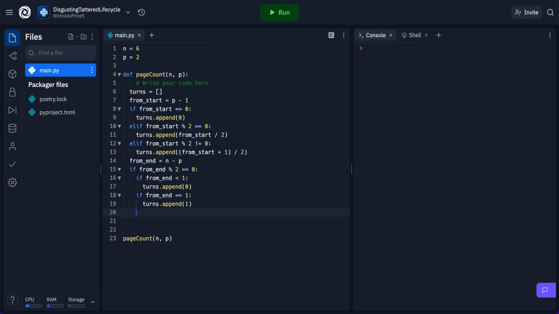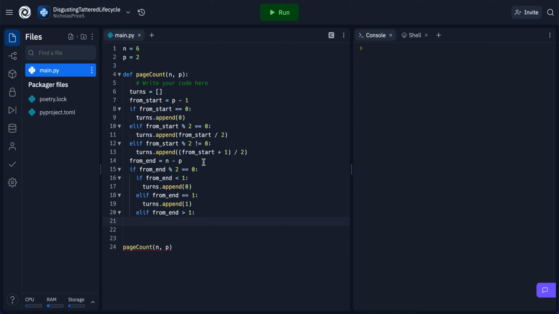And then our last scenario, I don't know why I'm writing ifs, I should be writing elifs. Elif from end is greater than 1. What can we do here? So if it's greater than 1, we basically wind up in similar scenarios to what we wrote up here for our from start.